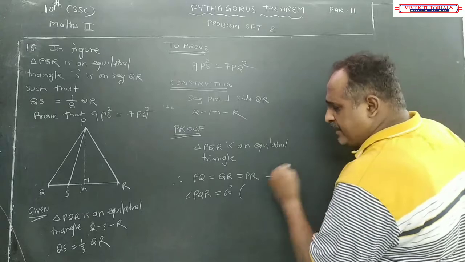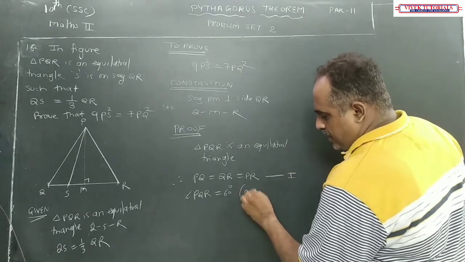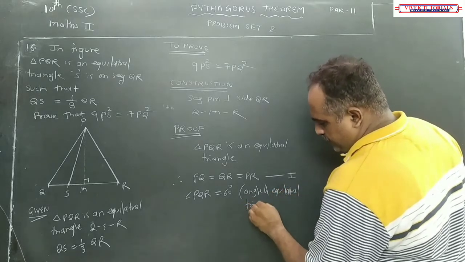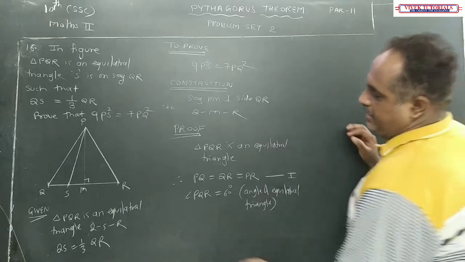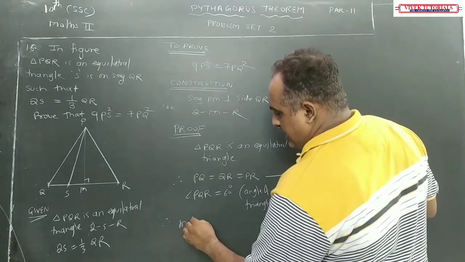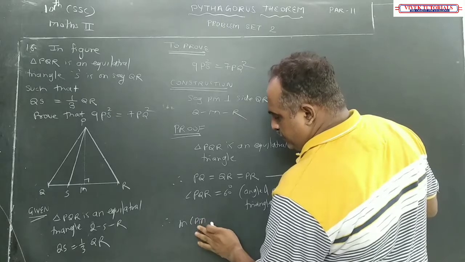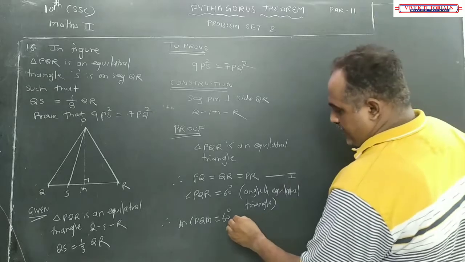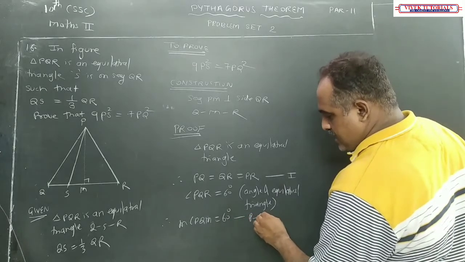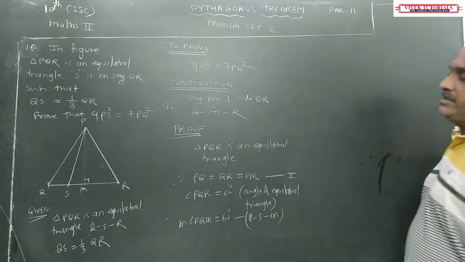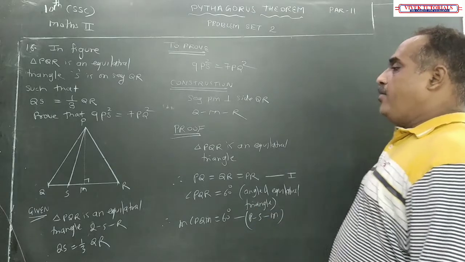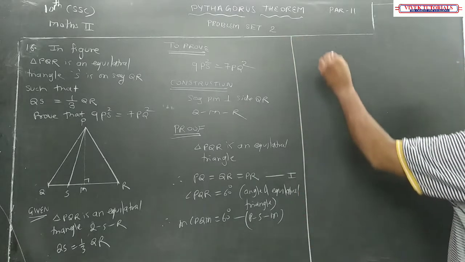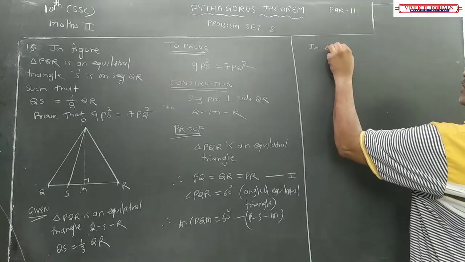The reason we are going to write is angle of equilateral triangle. Therefore, measure of angle PQM is equal to 60 degree. We are going to write P, S and M are collinear points. Have you understood this?